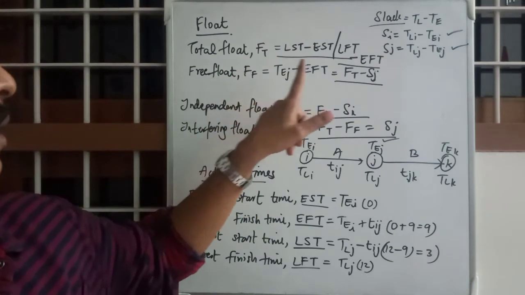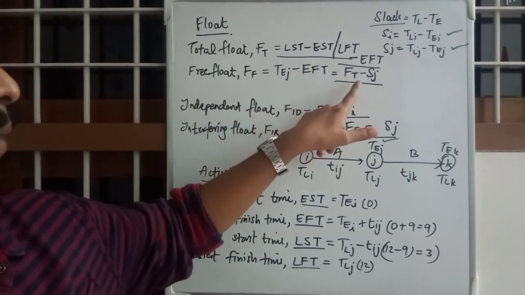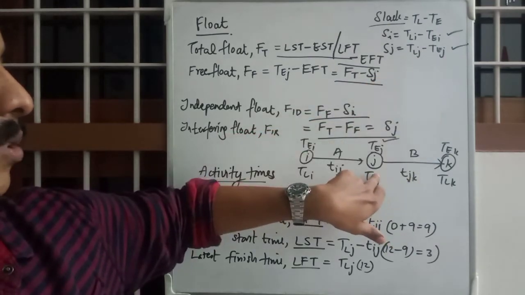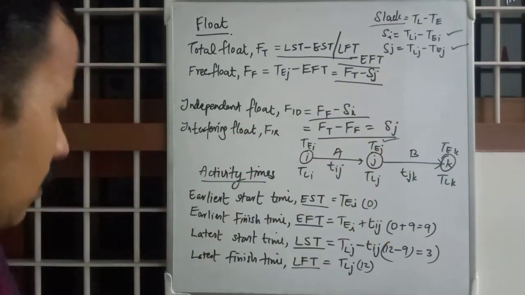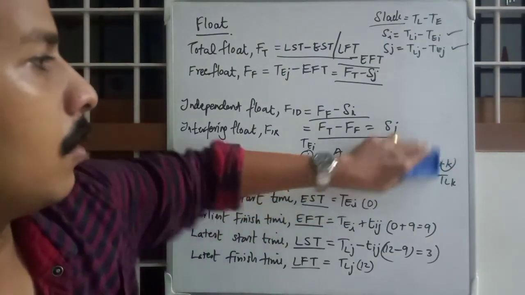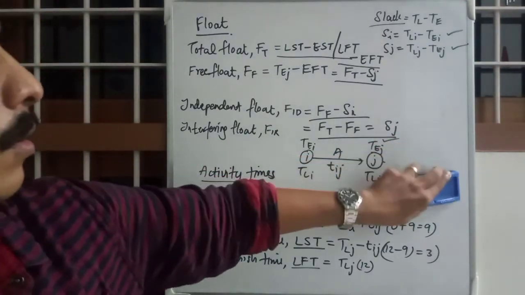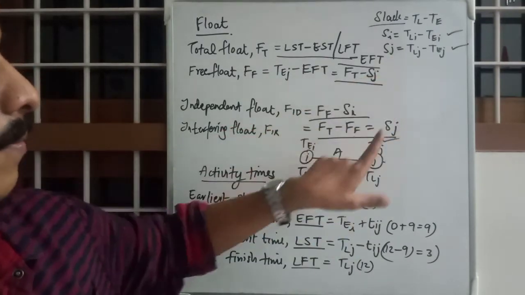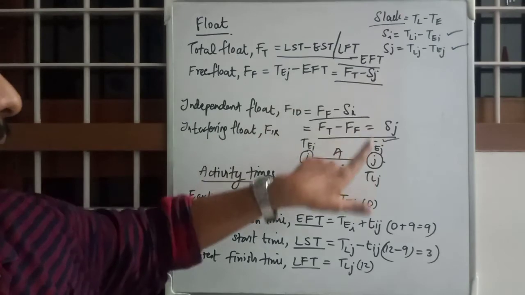Free float is total float minus SJ, the head event slack.